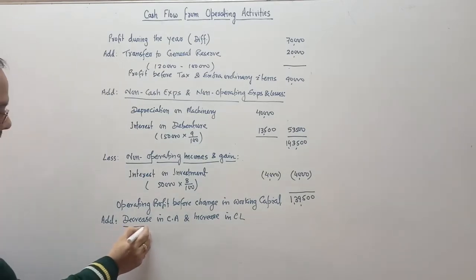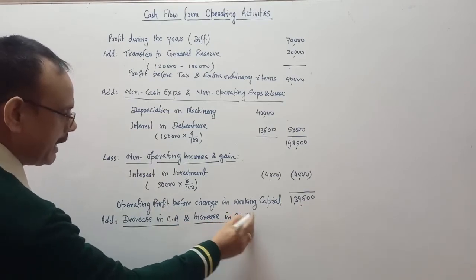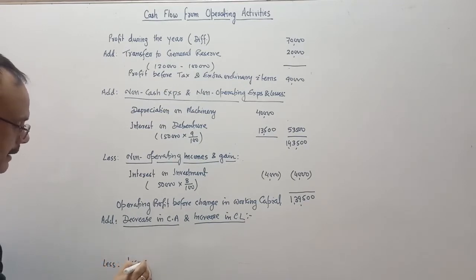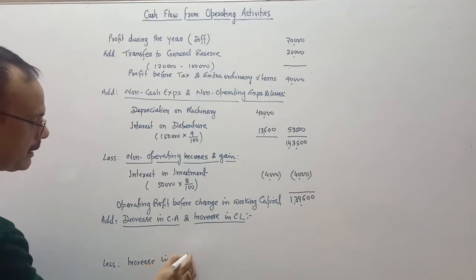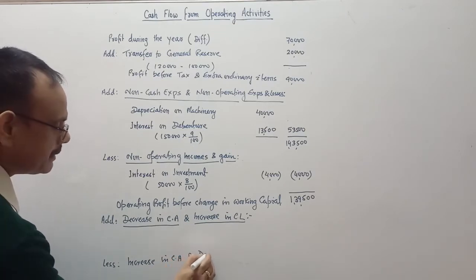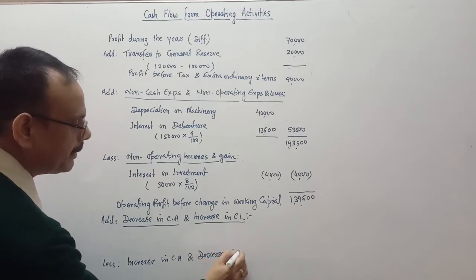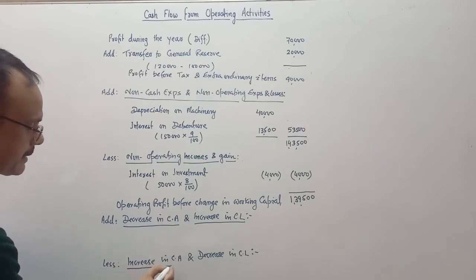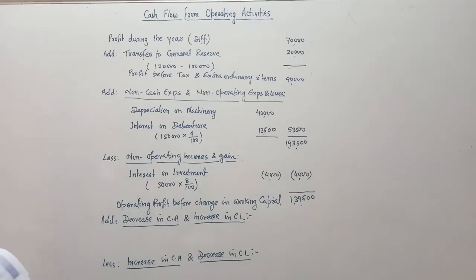This we will add. Decrease in current assets and increase in current liability will be added, and vice versa, increase in current assets and decrease in current liability will be deducted by us.